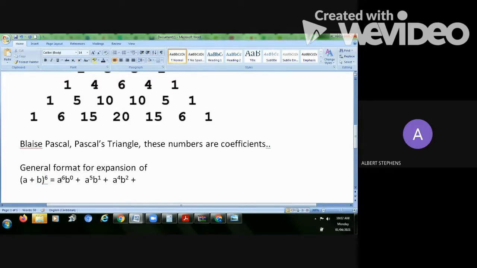So when a is at the peak power, b is just starting out. And as a is descending, b is increasing.